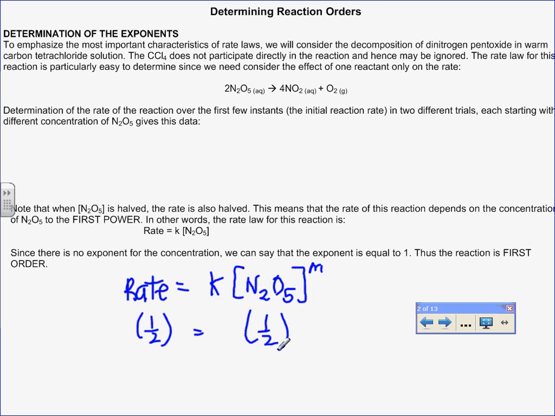When the concentration was halved, the rate was halved, and we can see that in order for this expression to be true, the exponent needs to be equal to 1. The rate constant here is a constant. So we're looking at the connection between the concentration, the exponent, and the rate. So the rate law for this particular reaction is the rate is equal to the rate constant times the concentration of N2O5 to the 1. So for this particular reaction, it is first order in N2O5.